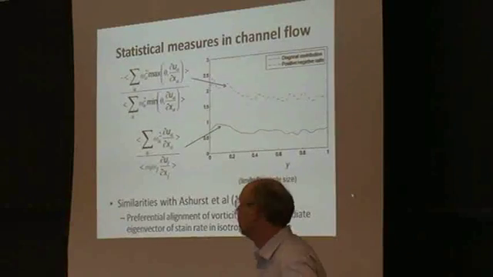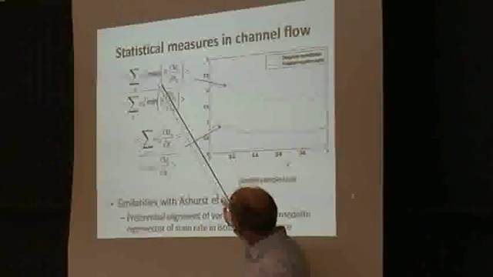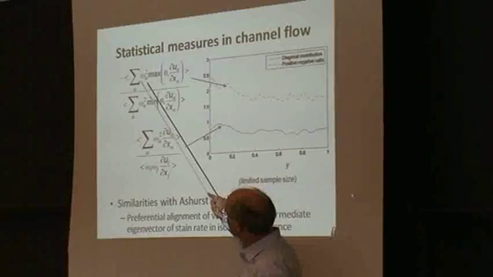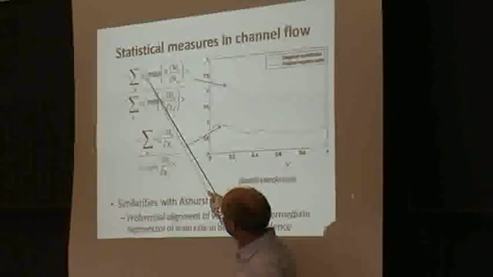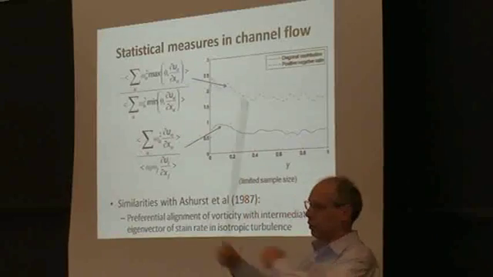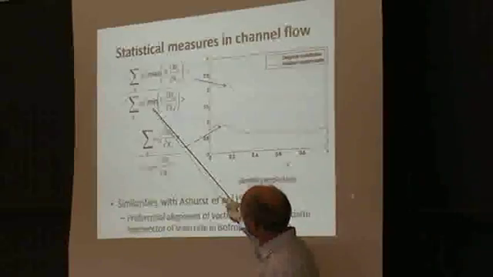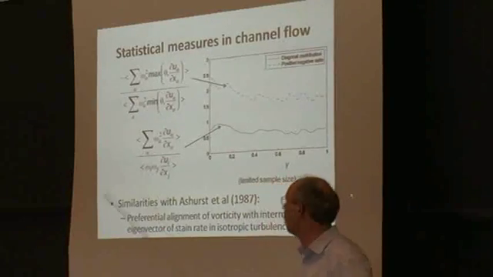There are two curves plotted here. The top one is basically the measure that we're getting. We're thinking in terms of entropy production. So this is vorticity squared times the maximum values of the strain divided by the minimum value. So this is the negative contributions at the bottom, positive contributions at the top.